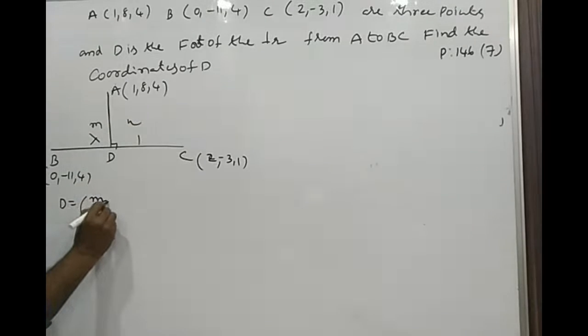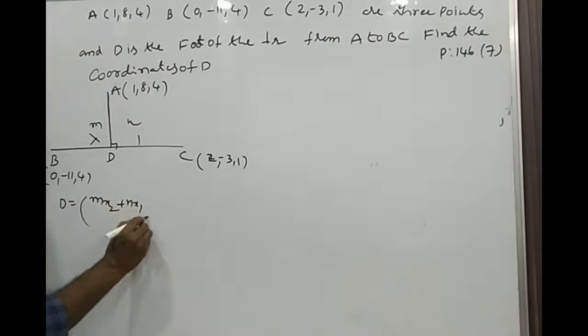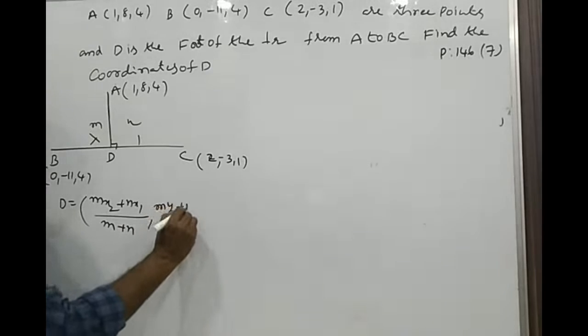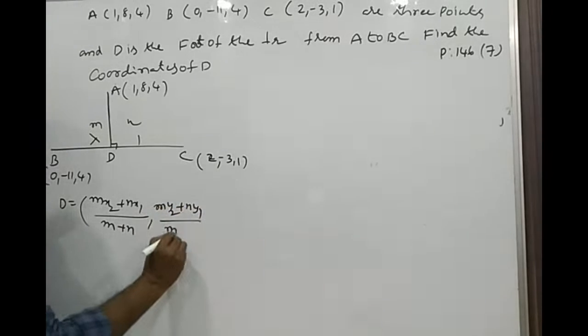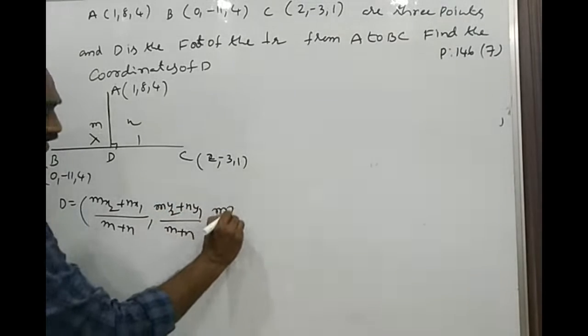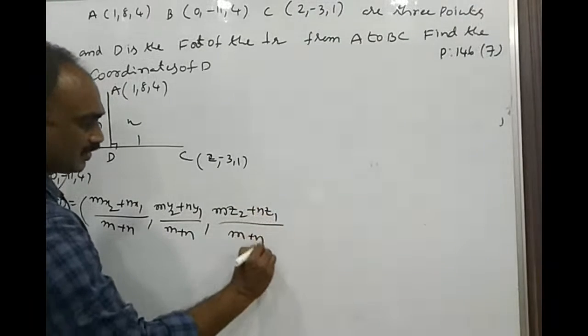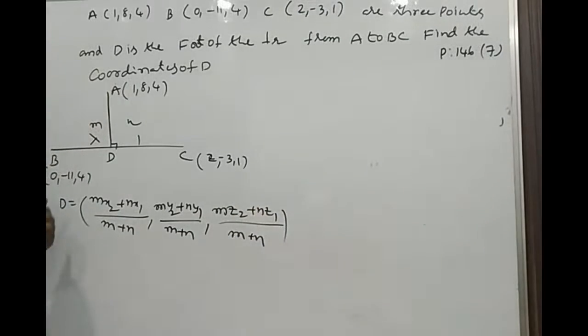the section formula is (mx2 plus nx1) by (m plus n), comma, (my2 plus ny1) by (m plus n), comma, (mz2 plus nz1) by (m plus n). So let D divide BC in the ratio lambda is to 1.